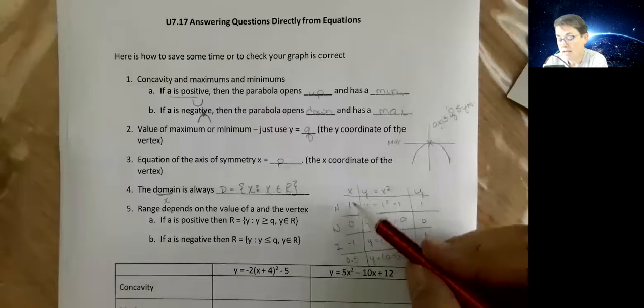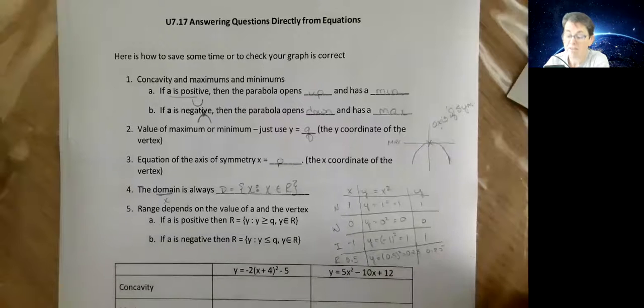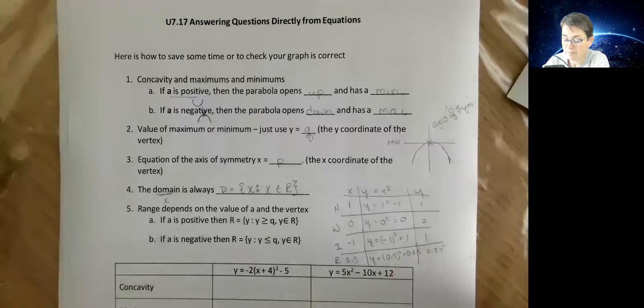In other words, any number I pick, I'm not going to get into irrational numbers, we don't do enough work with them, but you could put pi in there and work it out. Any number I put, it always works, and I'm always going to get a y. You can see here I've got a 1 and a 0 and a 1. This is actually where the minimum is going to be. We're starting to get repeats. Anyway, it's terrible to graph it this way. The staircase method is so much better.